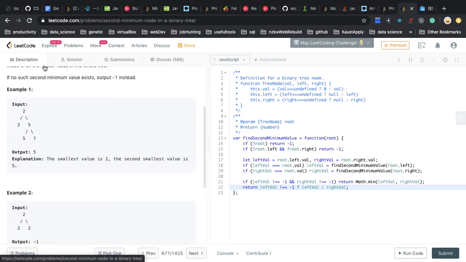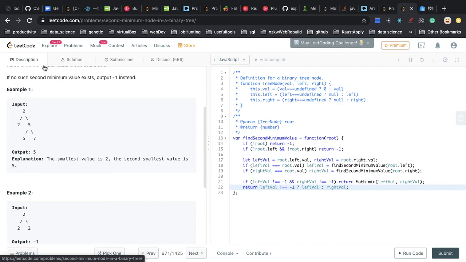We follow the path, and we rule out the possibility that the current node value is the same as the root value.